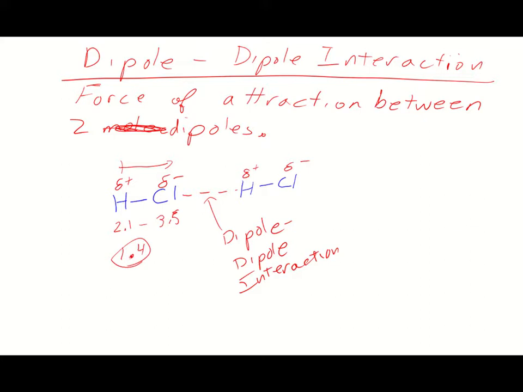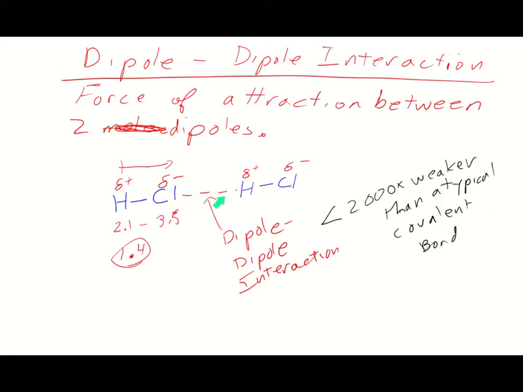A couple of important things to note is that the strongest dipole-dipole interactions are more than 2,000 times weaker than a typical covalent bond. So the force of attraction in a dipole-dipole interaction is much weaker than this covalent bond.